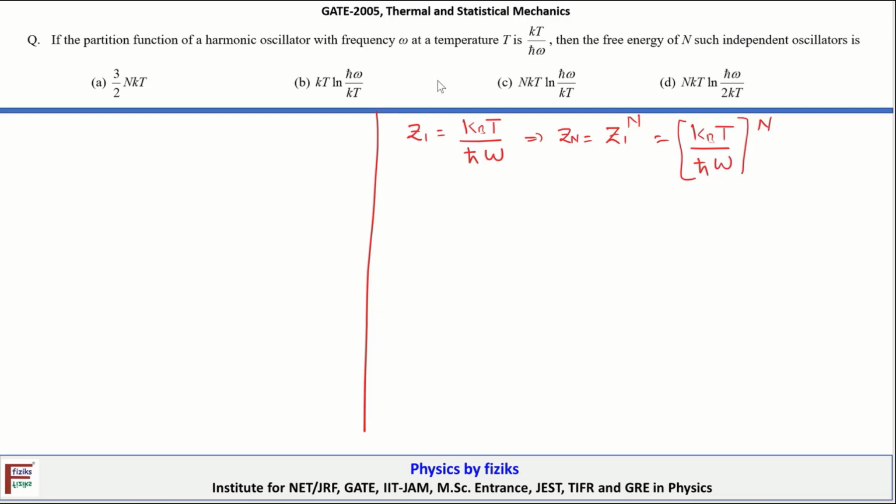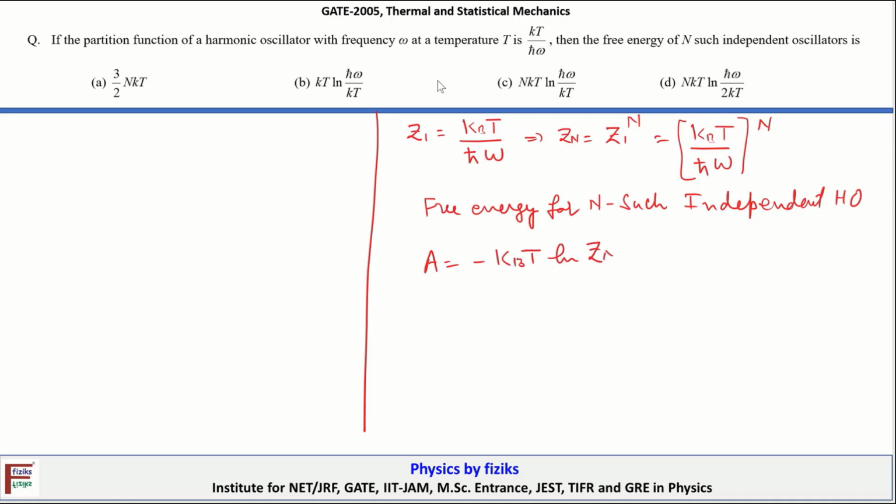power n. So the free energy for n such independent harmonic oscillators is given by A is equal to minus kT ln Zn.